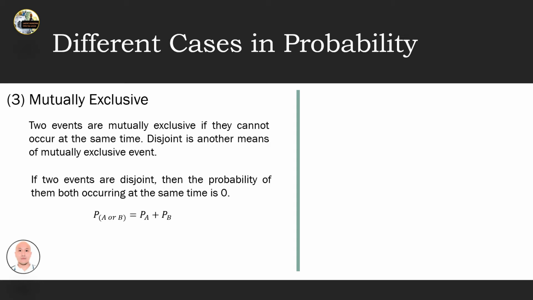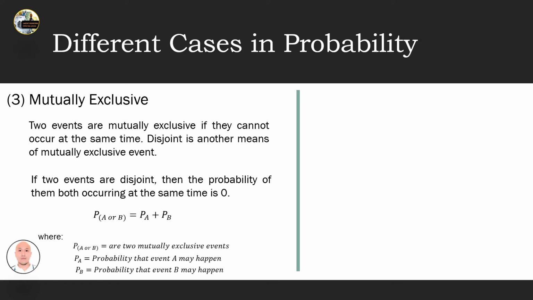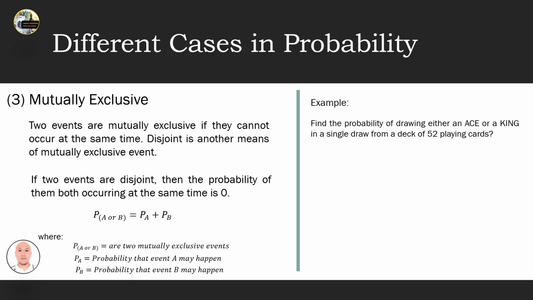We have a formula here: P(A or B) is equal to P(A) plus P(B), where P(A) is the probability that event A may happen and P(B) is the probability that event B may happen. We have an example here. Find the probability of drawing either an ace or a king in a single draw from a deck of 52 playing cards.